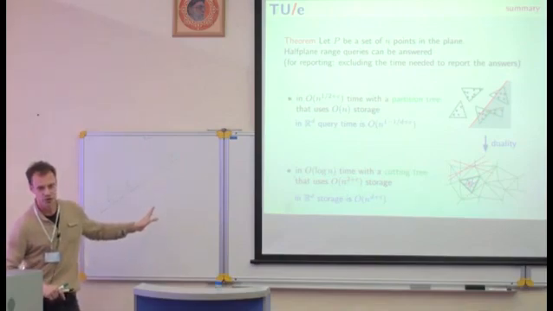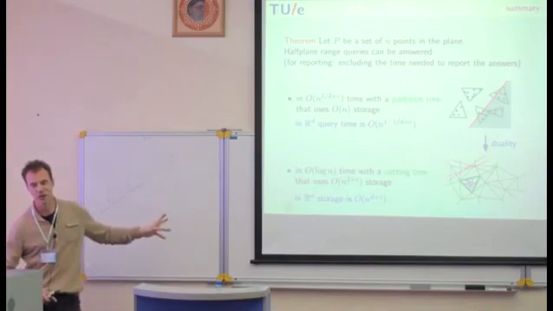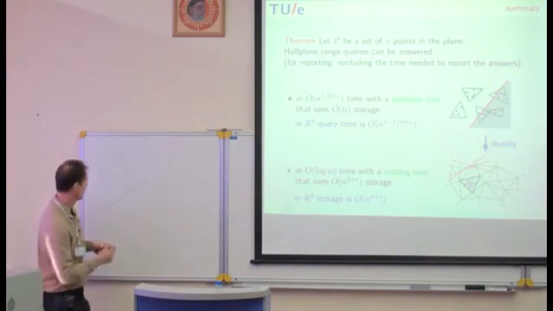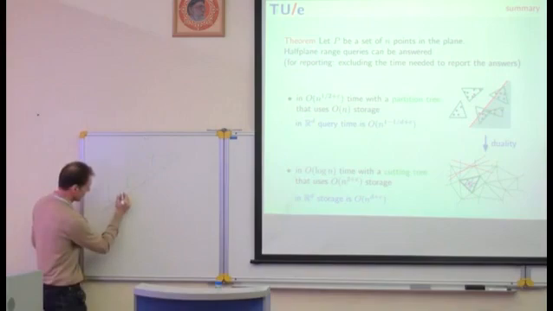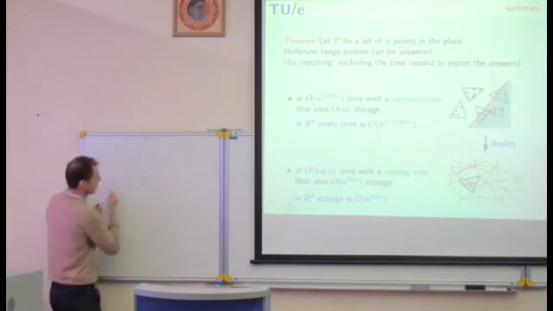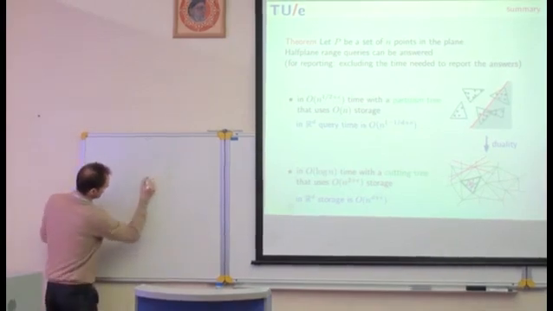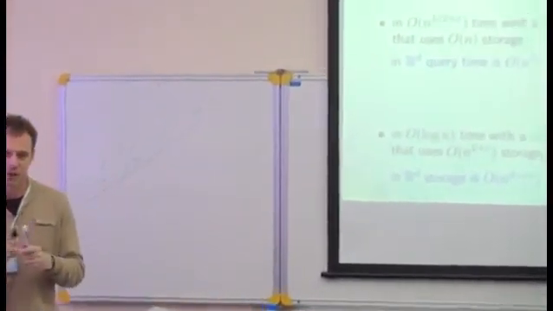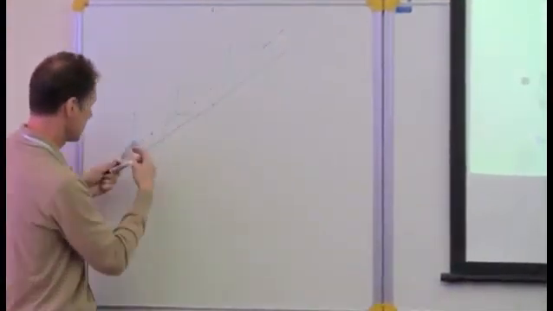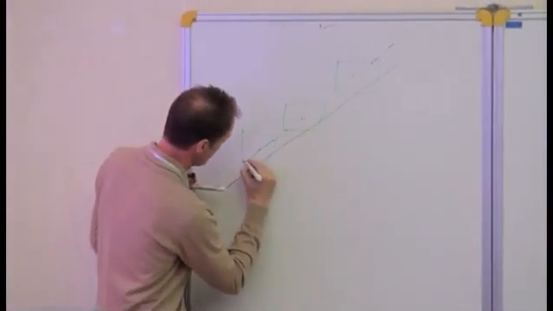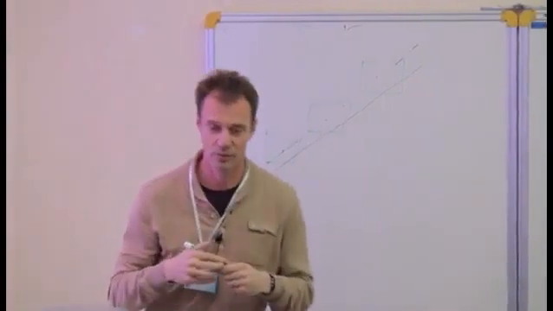This also shows a slight technicality which I didn't mention, namely that if these are really on a line, and I take this line to go exactly through these points, it's always going to intersect all the triangles. But in that case, this triangle here will degenerate to a one-dimensional line segment.